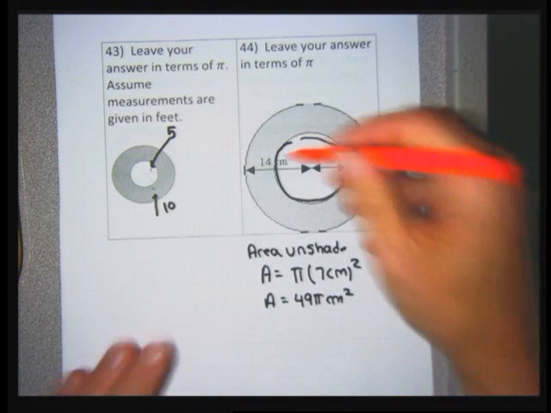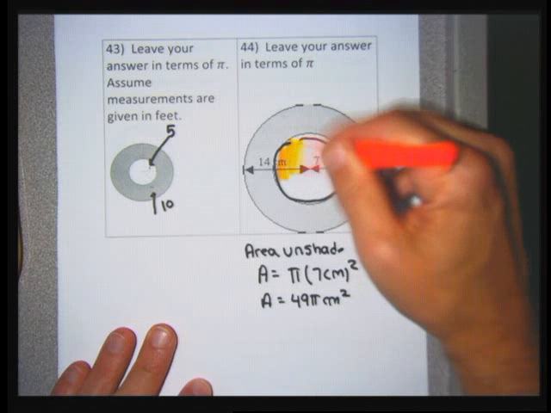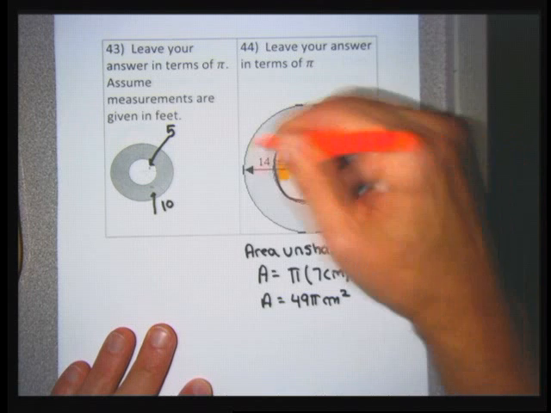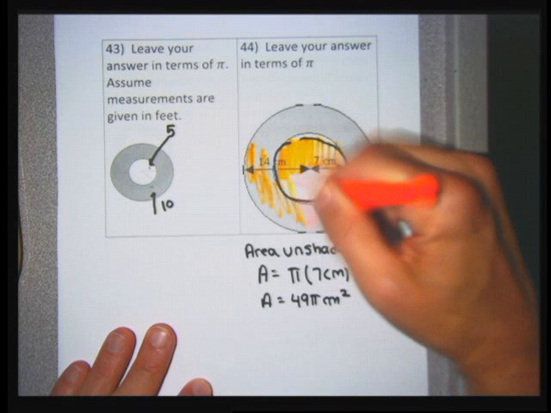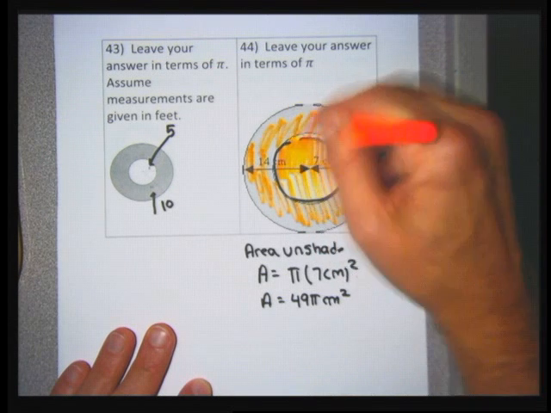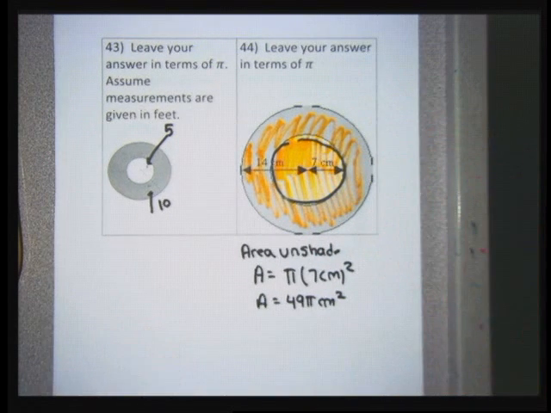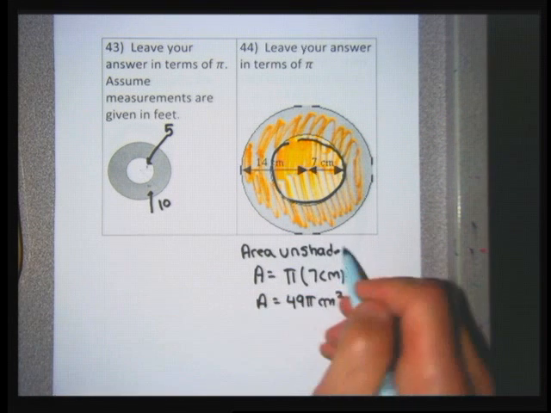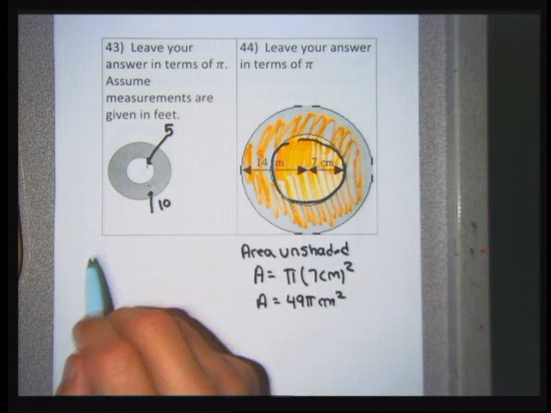Then pretend the whole thing was shaded in. If the whole thing was grayed in, then that would be asking me to find the area of a circle with a radius of 14.